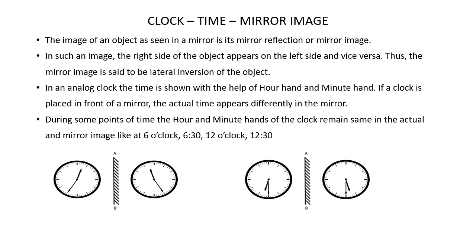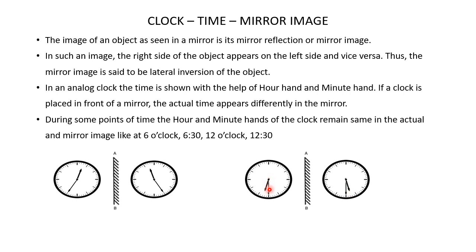Now observe this diagram. This is the actual clock, this is the mirror, and this is the mirror image of the clock. Now the actual time in this clock is 6:30. Here the hour hand is between 6 and 7 and is on the left side of the clock. In the mirror image, the hour hand will be between 5 and 6 and will be on the right side of the clock.